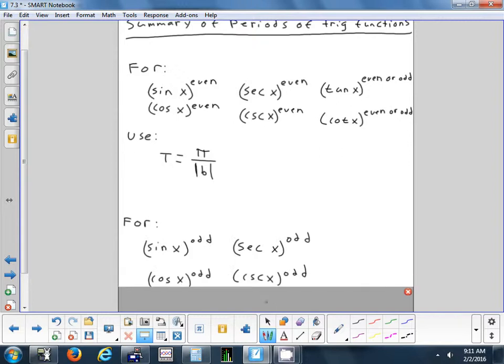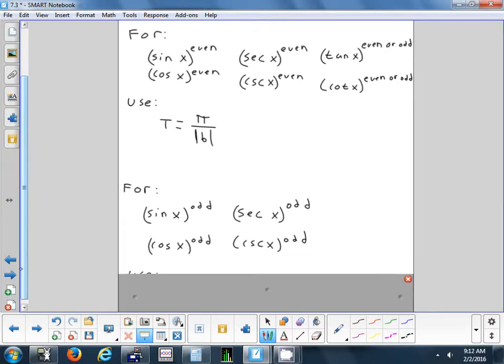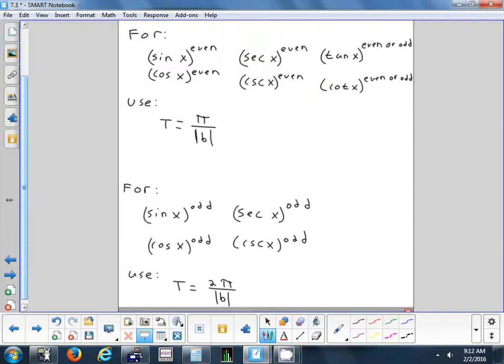Really, the only time you don't use it is if you have one of these cases. Sine, cosine, secant, or cosecant to an odd power. If you have one of those 4 cases, that's when you use 2 pi over b.